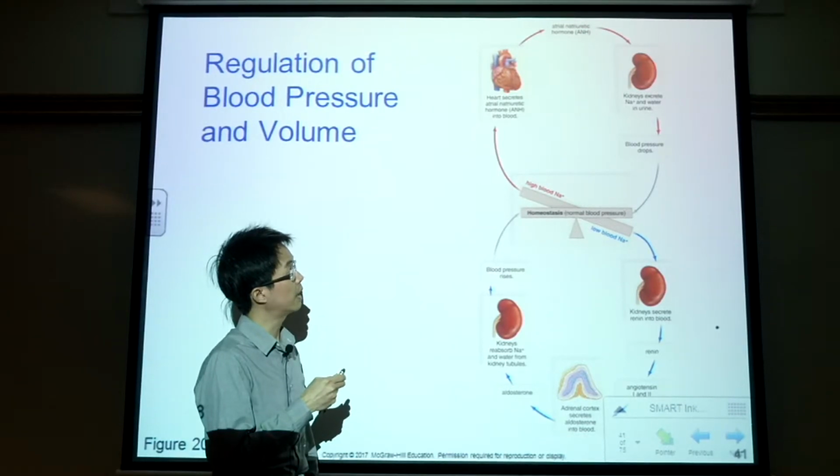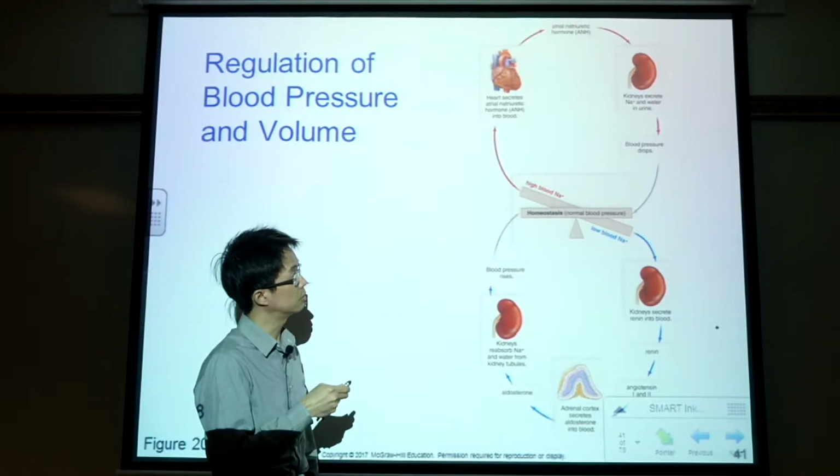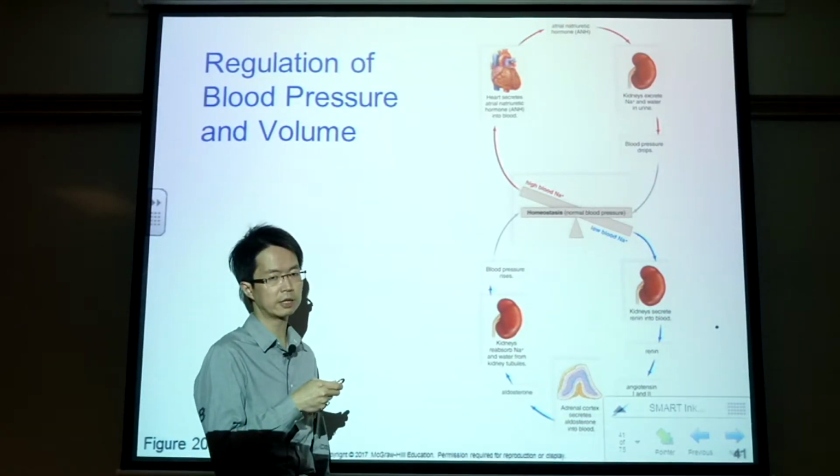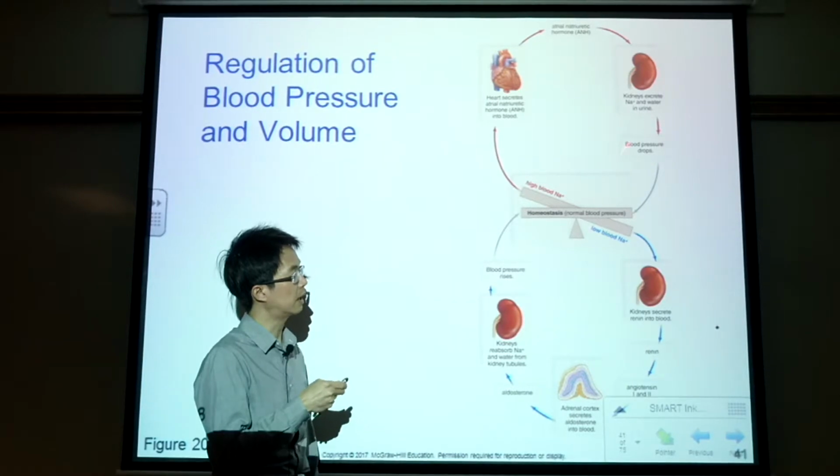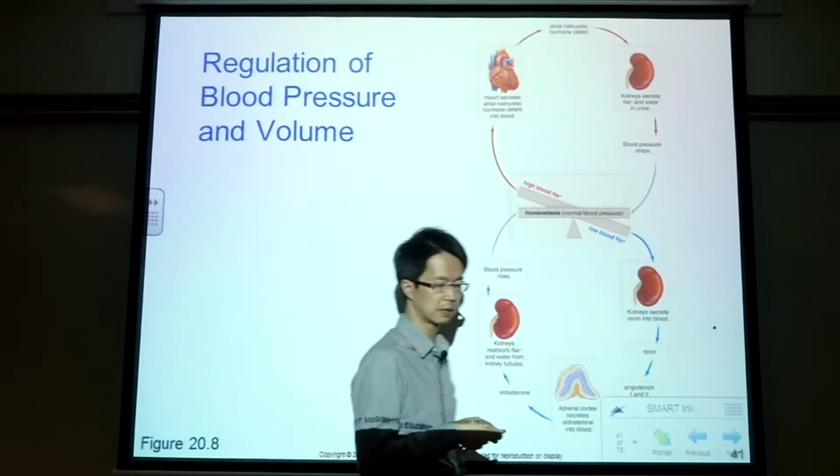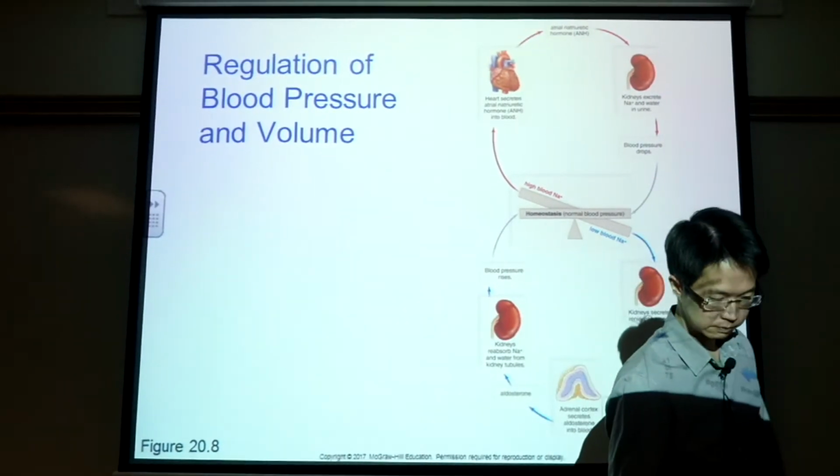This hormone, ANH, will stimulate your kidney to excrete more sodium and water, so that we decrease the fluid retention in the body, lower the blood volume, and lower the blood pressure, to restore the homeostatic blood pressure.